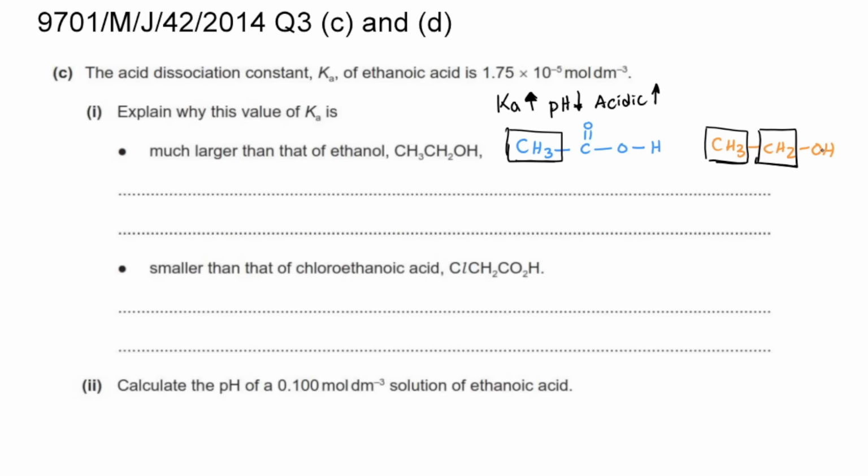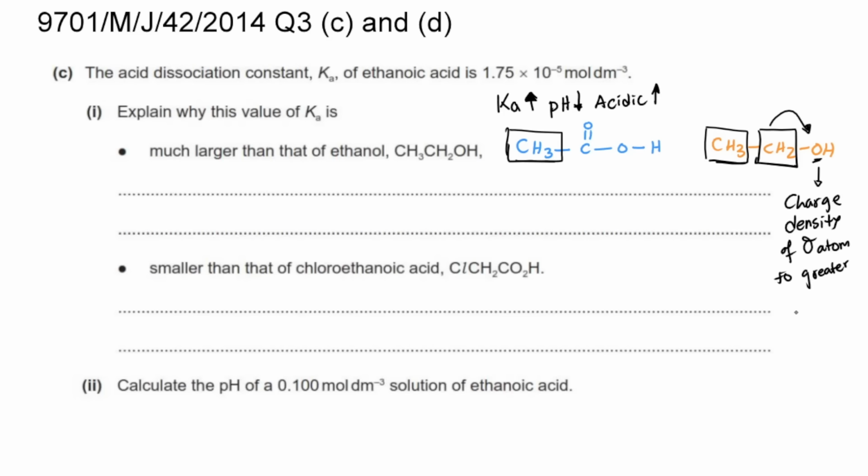So since ethanol has more electron donating alkyl groups, which transfer their electrons to the oxygen atom, this causes the charge density of the oxygen atom to be greater.